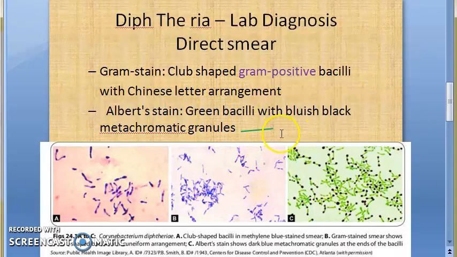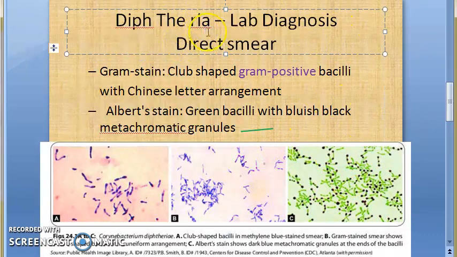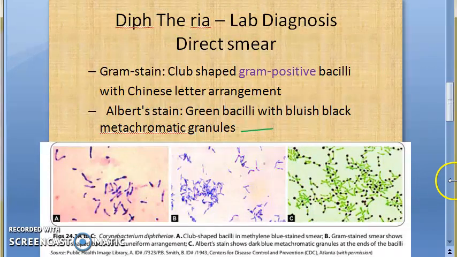At the end there will be bluish black metachromatic granules. You will arrange them in Chinese letter pattern. And for diphtheria in gram stain you will draw a purple line. Very good. So, in diphtheria lab diagnosis you will draw a gram stain diagram and Albert stain diagram.